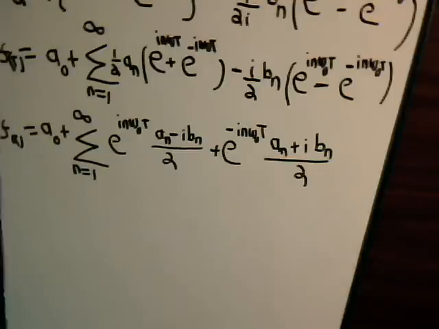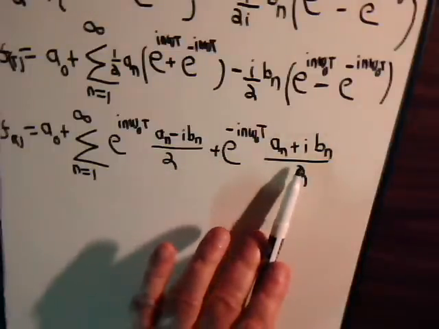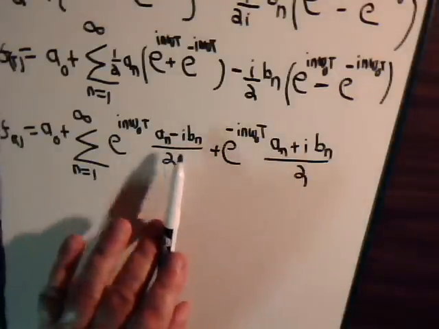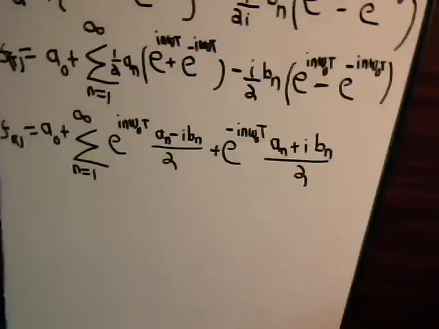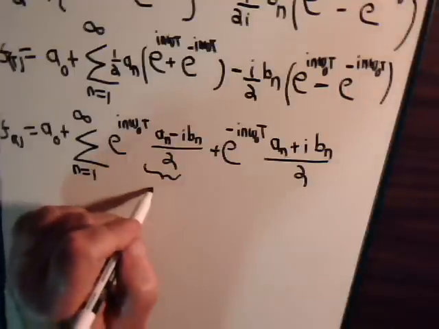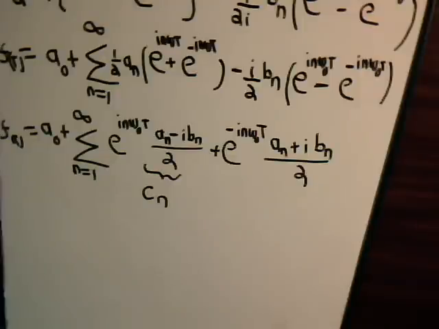Now, notice that this and this are complex conjugates of each other. And this is one constant minus another constant divided by 2. So let's call this C n.